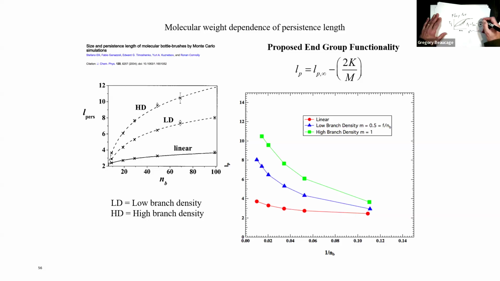And if you said the chain has a fraction of ends, 2 over the total number of units n would give you the fraction of ends. As the molecular weight goes higher, it gets a smaller fraction. So that thing drops, and you end up getting this.